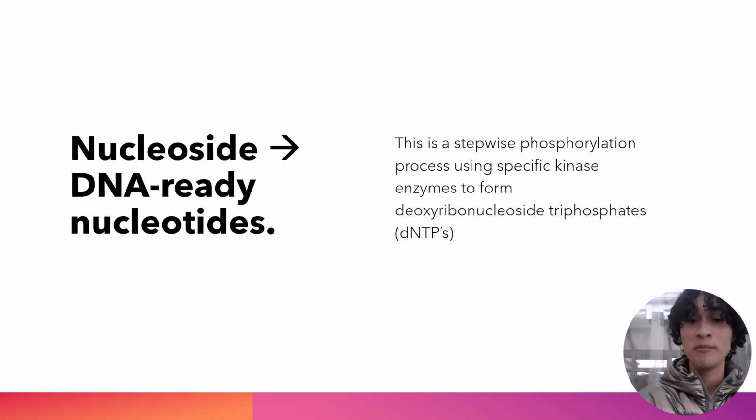In order for polymerization to happen, a beta and gamma phosphate must be cleaved from the nucleoside triphosphate to provide the energy for that polymerization to occur, which we're going to talk about in later slides. For now, just understand that in order for a nucleoside to become a DNA-ready nucleotide, we have to phosphorylate it 3 times to get a deoxyribonucleoside triphosphate, usually referred to as a dNTP.